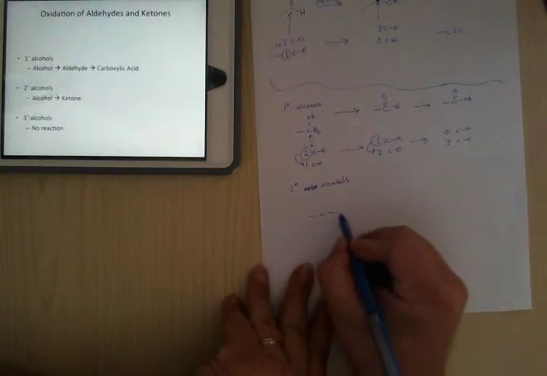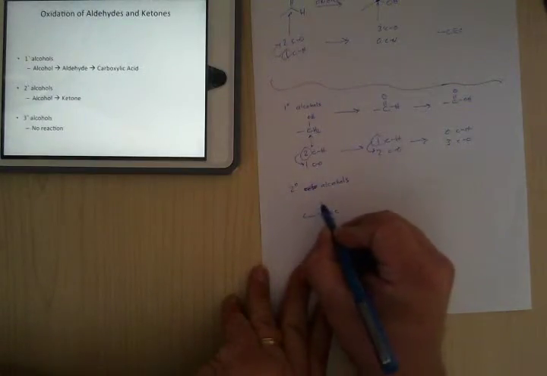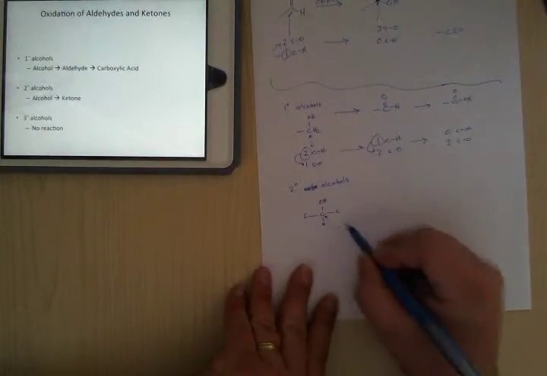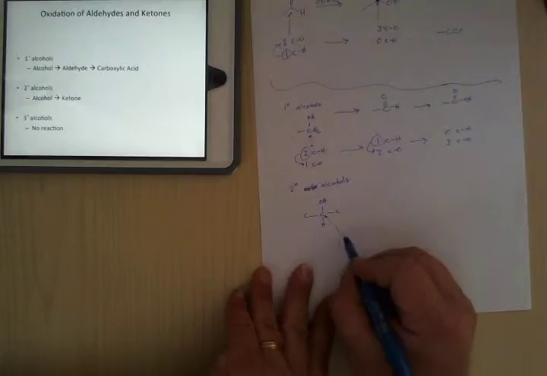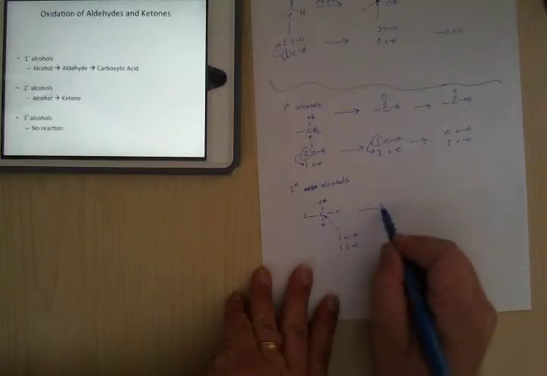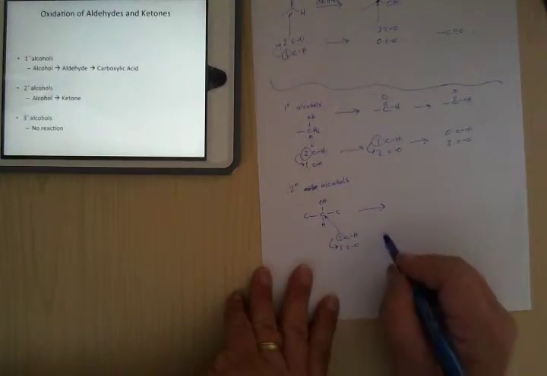With secondary alcohols, they're going to look like this, and there's a hydrogen. So that carbon there is going to have 1 carbon-hydrogen bond and 1 carbon-oxygen bond. When we oxidize, one of those is going to get converted.